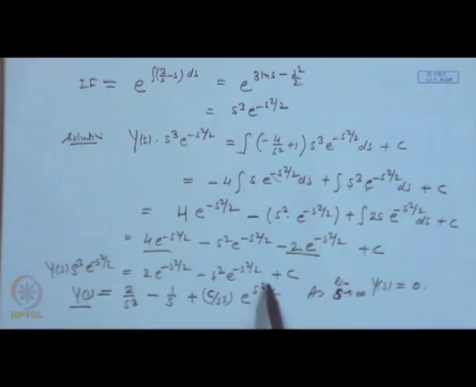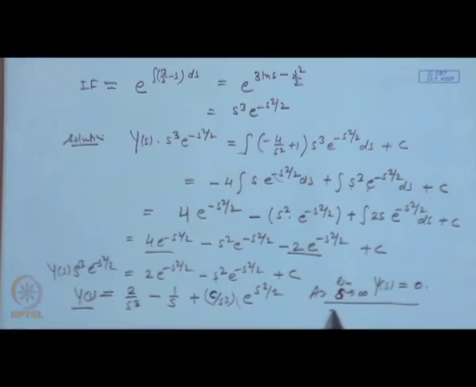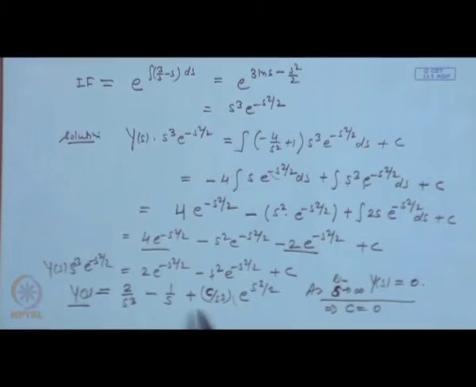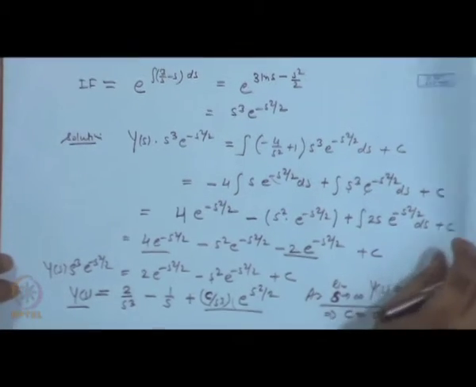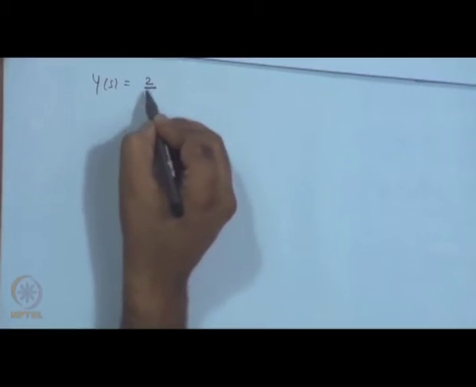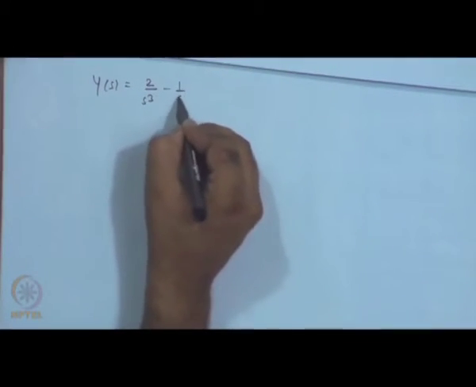If s approaches infinity, this term will blow up, and then we cannot get 0 as a result. So, this is possible only when this c is 0. So, due to this condition, c must be 0. So, this term is gone, then we have y s is 2 over s cube minus 1 over s.